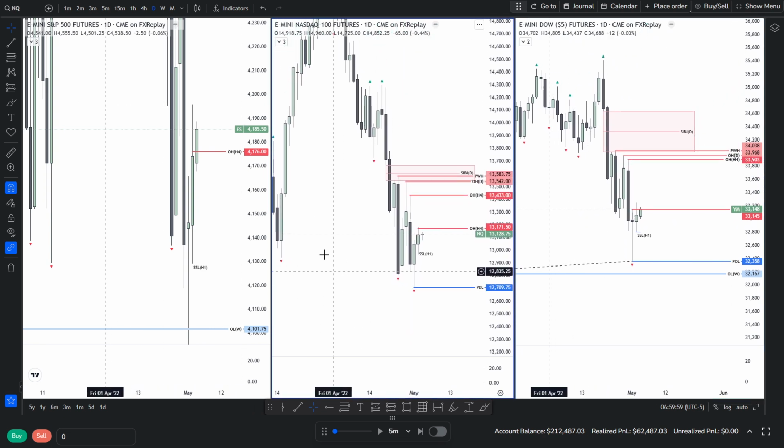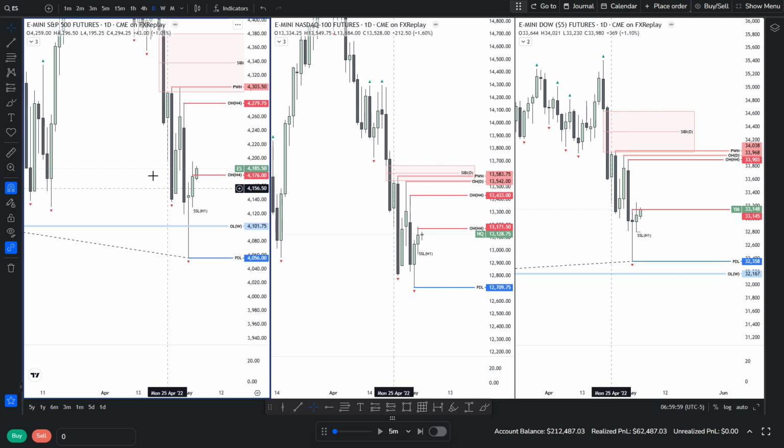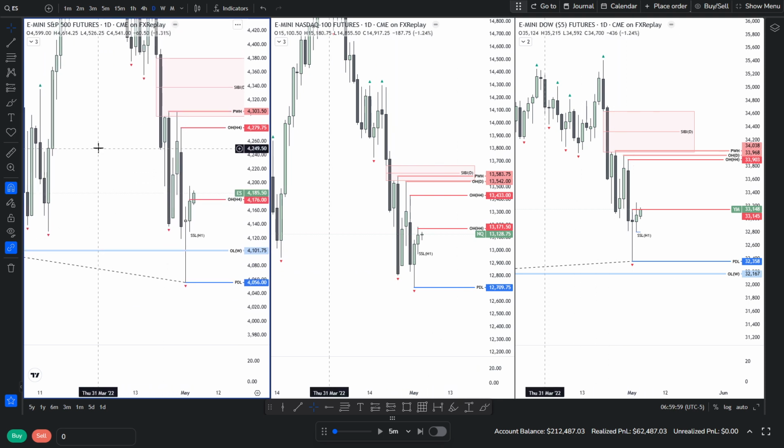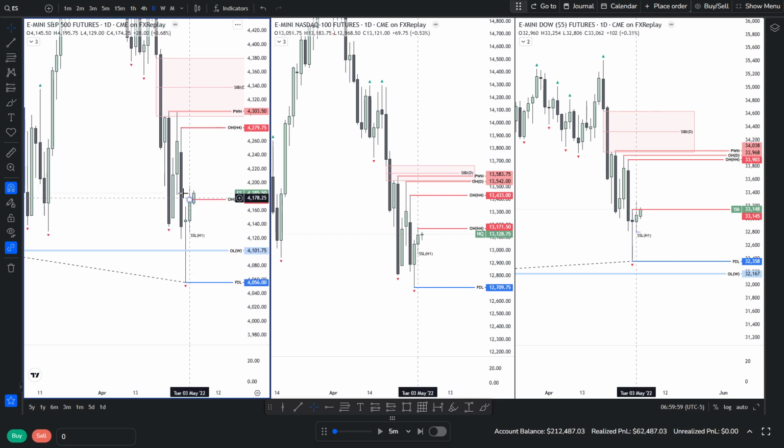So we've got a lot of stop liquidity above the marketplace, and there was no imbalance here on NQ to necessarily support higher prices, but the H4 is bullish. But daily and weekly remain bearish.